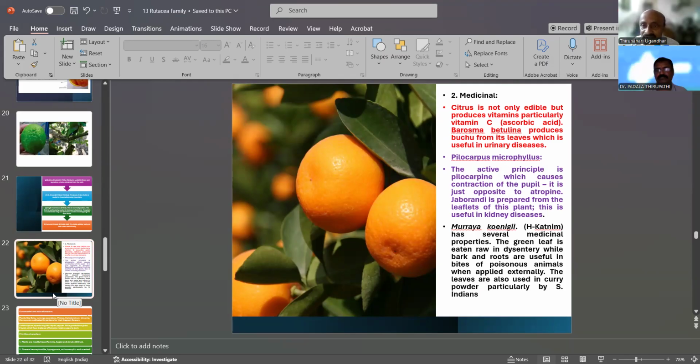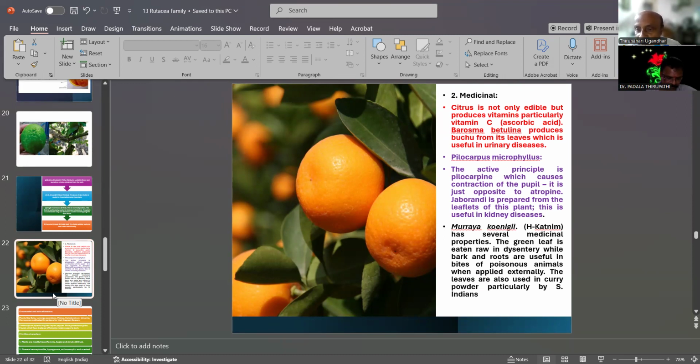Then Pilocarpus microphyllus has the active principle pilocarpine, which causes contraction of the pupil, just the opposite of atropine. Also, jaborandi is prepared from the leaflets of this plant.